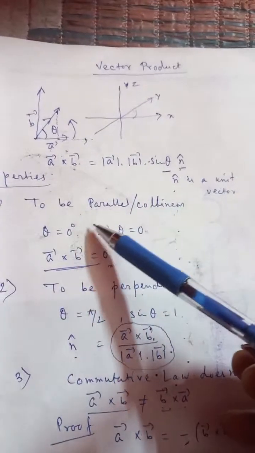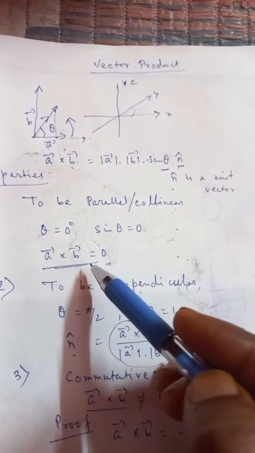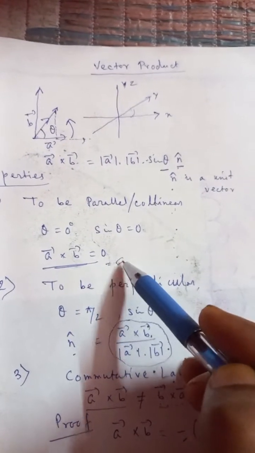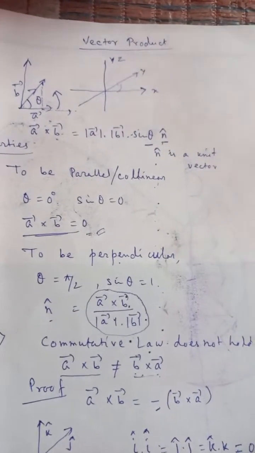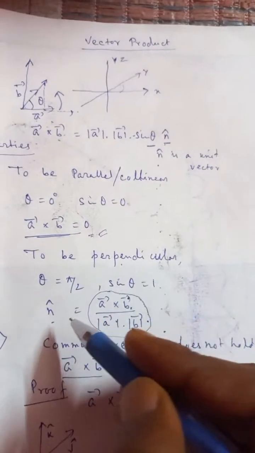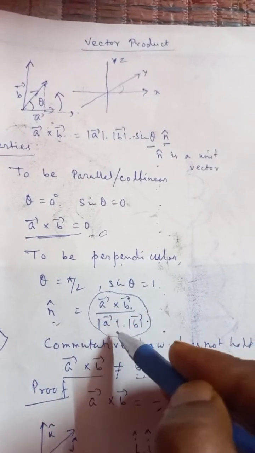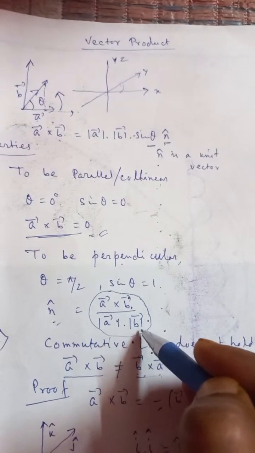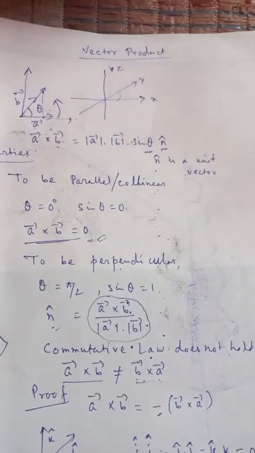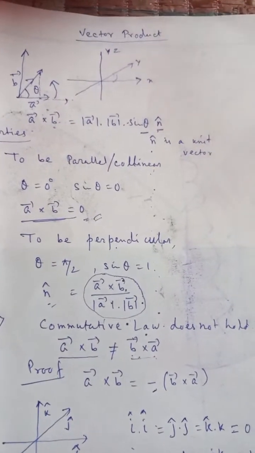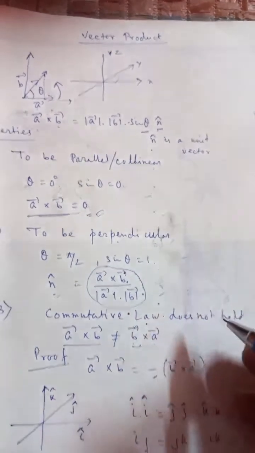The condition to be parallel is that A vector cross B vector must be equal to 0, then they are parallel or collinear. And they are perpendicular if the unit vector n is equal to A vector cross B vector by mod of A vector times mod of B vector, then the vectors are perpendicular.